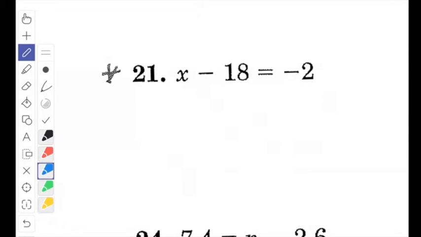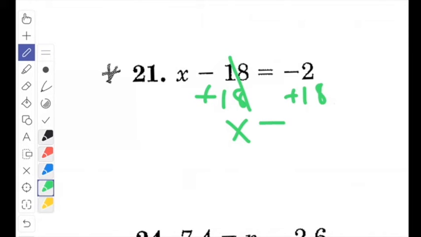Okay, so we're going to try 21, which is a little bit tricky. I have x minus 18. Right away, I know I have to add 18 because it's subtracting. If I add 18 to both sides, I see that I have x, these cancel out, equals negative 2 plus 18.